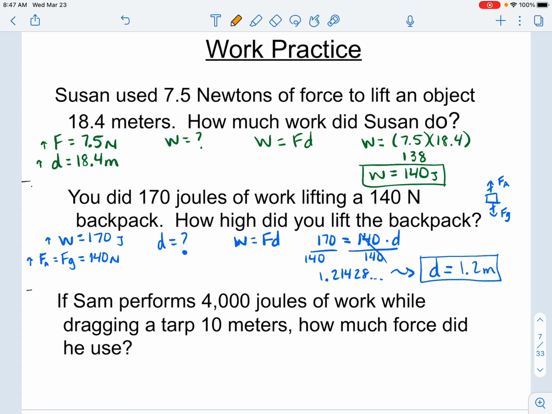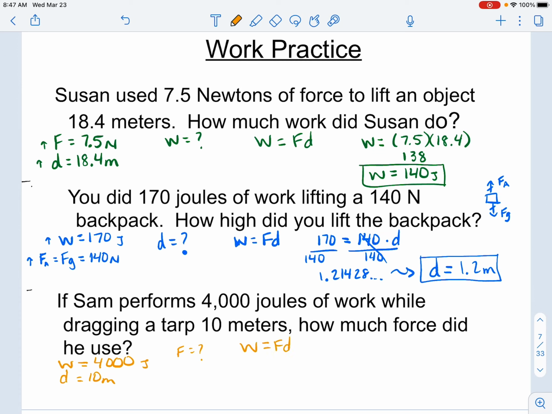All right, next question. If Sam performs 4,000 joules of work while dragging a tarp 10 meters, so my displacement is 10 meters, how much force did he use? So they are asking us how much force was needed to perform this work.